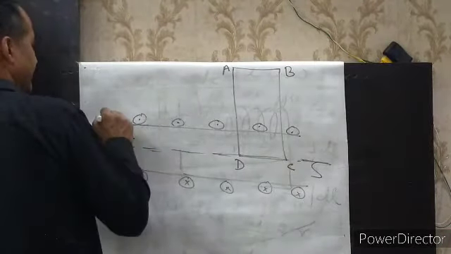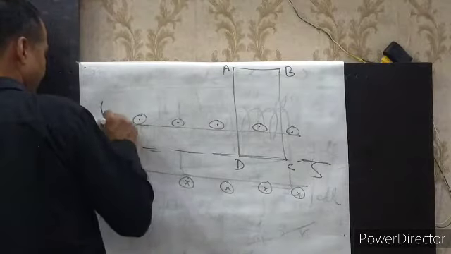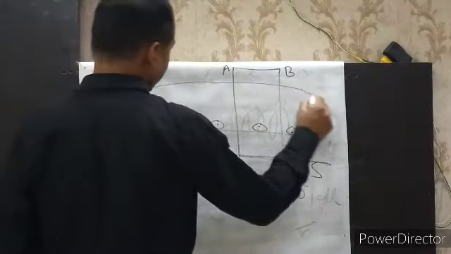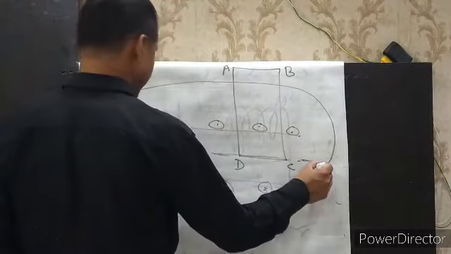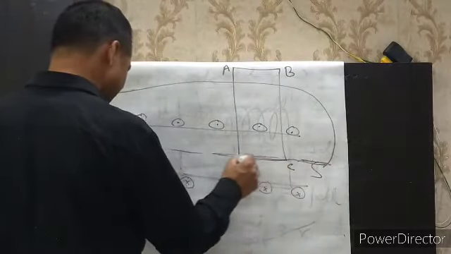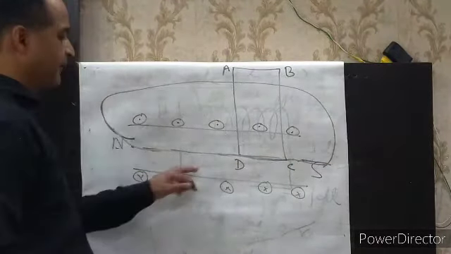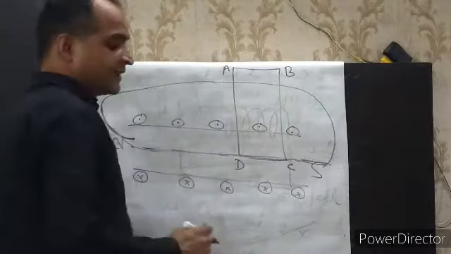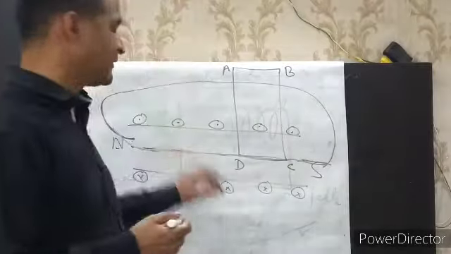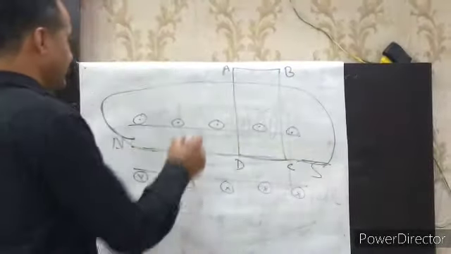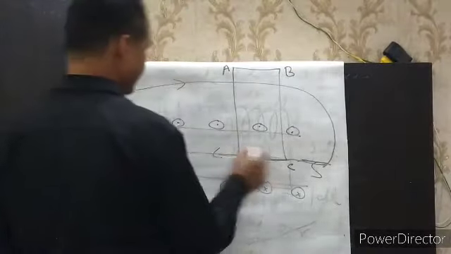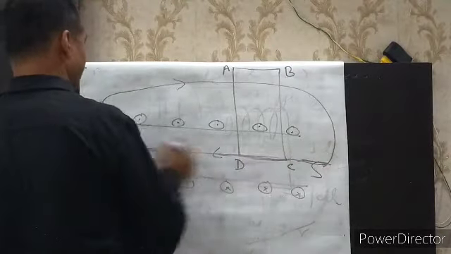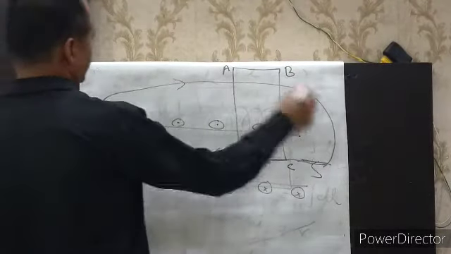The magnetic field will emerge from the north pole, moving like this and coming to the south pole. Since the solenoid behaves like a bar magnet, the direction of the magnetic field is inside the magnet from south to north, and outside from north to south.